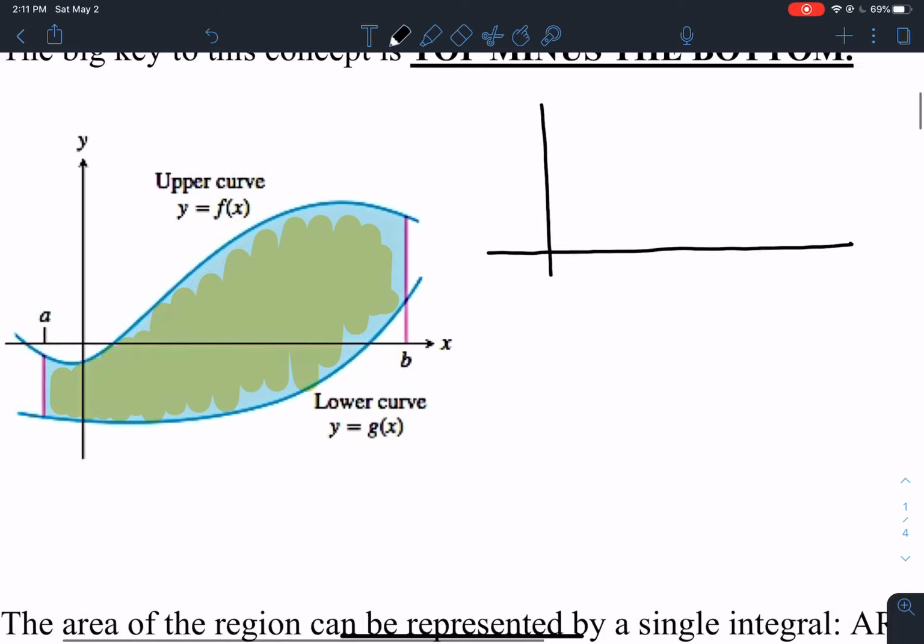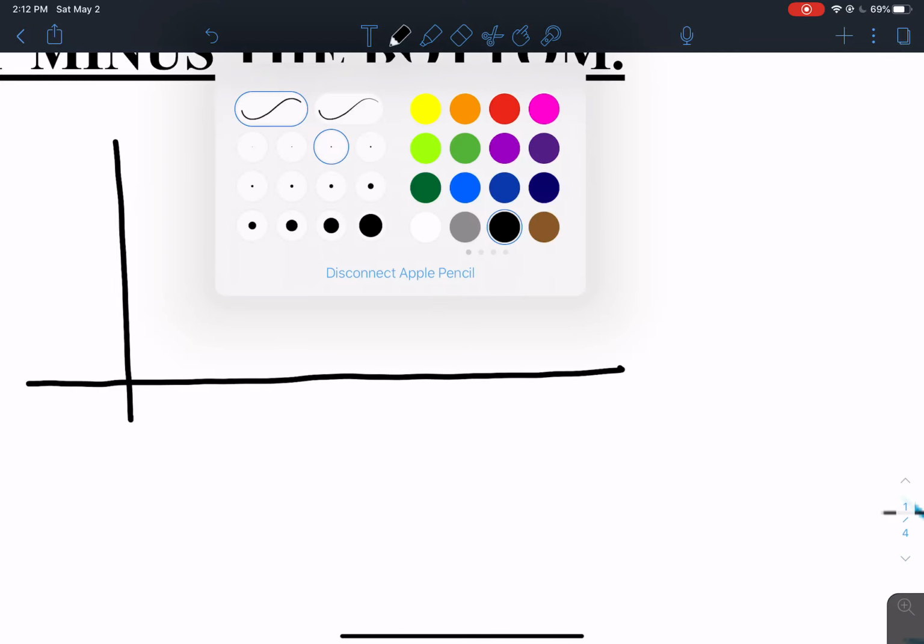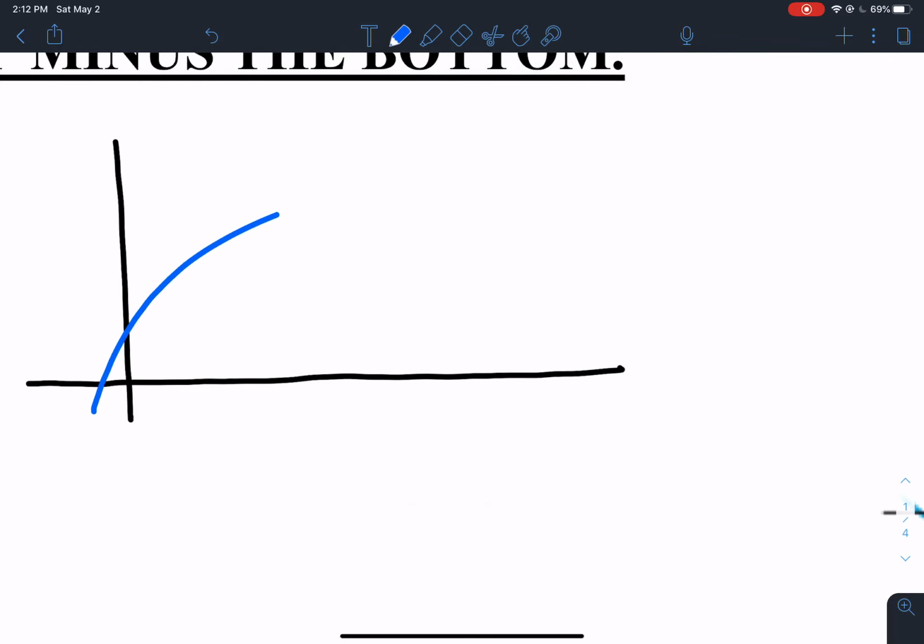So up to this point, I would give you guys an equation, right? And then if you were to graph it, put this in a different color, you would look something like that, right?